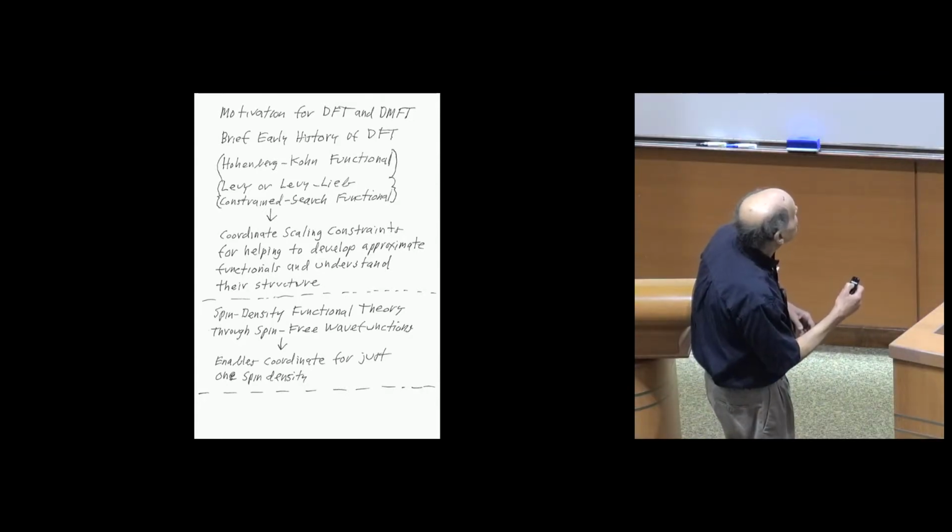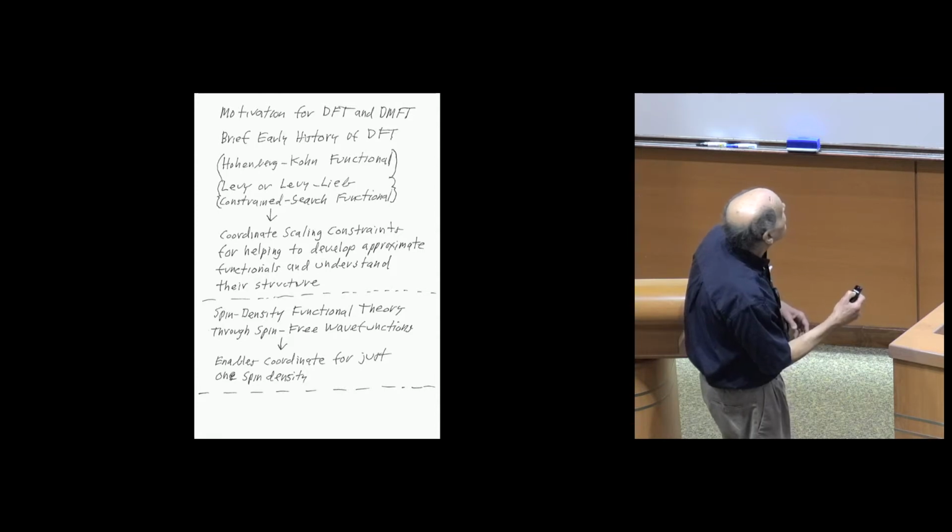It started with the Hohenberg-Kohn functional that defined precisely what Thomas-Fermi was trying to approximate. Then I'll go into the Levy or Levy-Lieb constraint search.